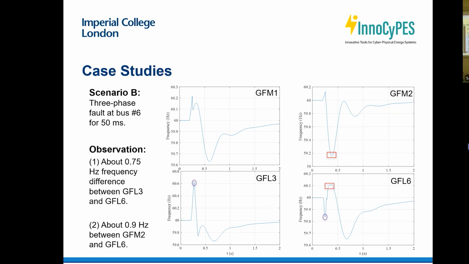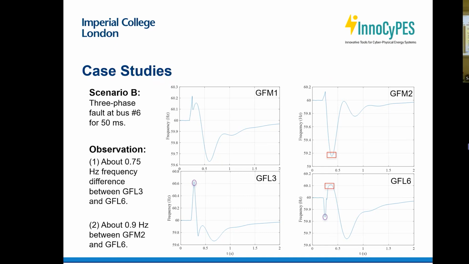This is undesired, because now grid following 3 and grid following 6 have a frequency difference of about 0.75 hertz. So the currents that these two generators are generating have this much frequency difference, which is unwanted.